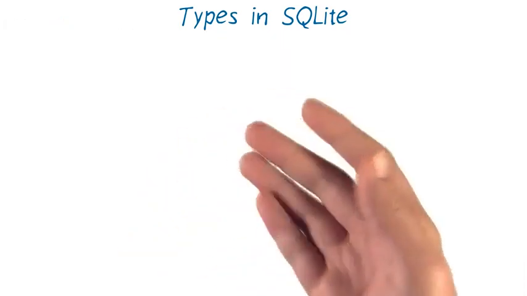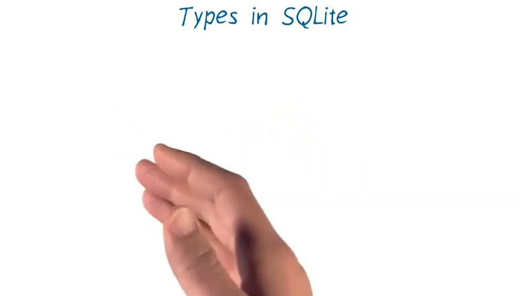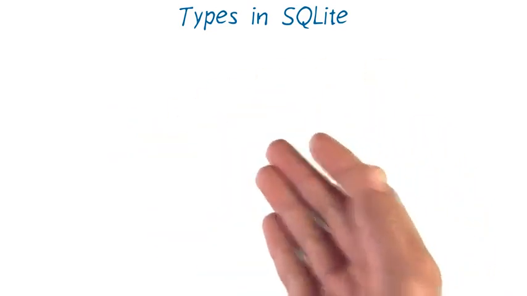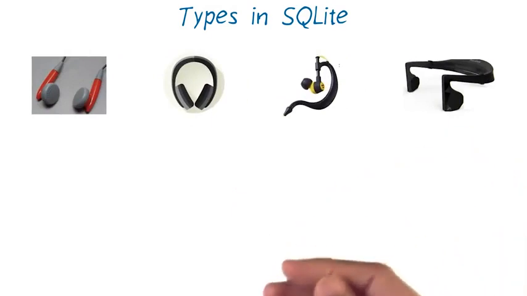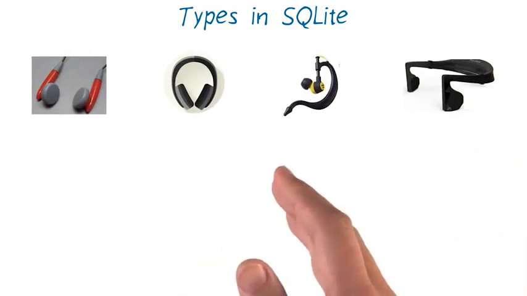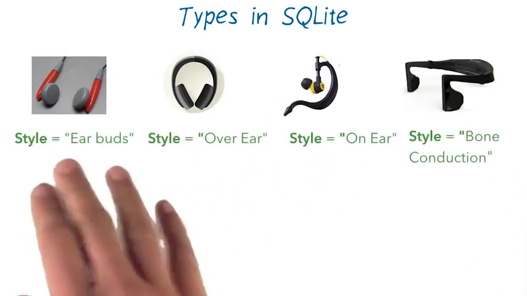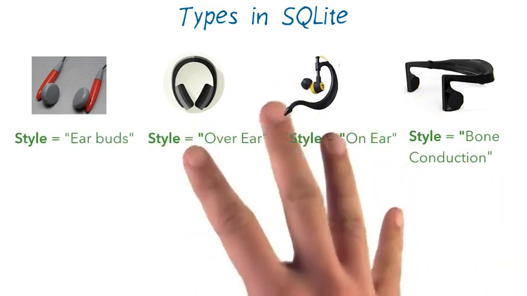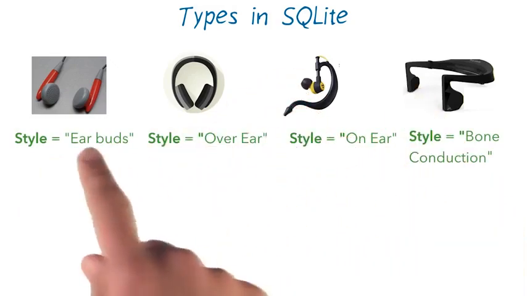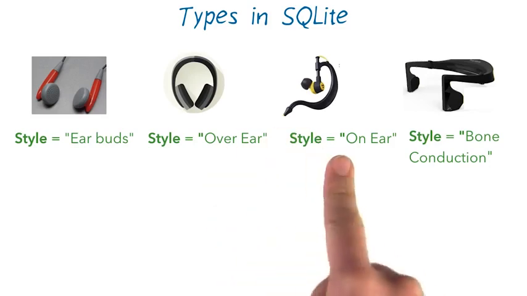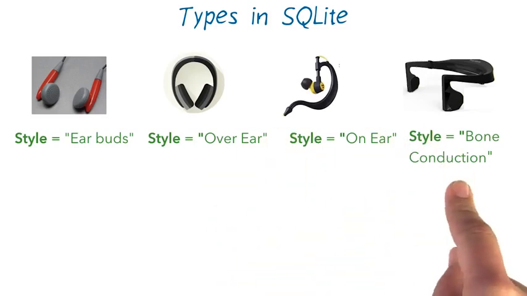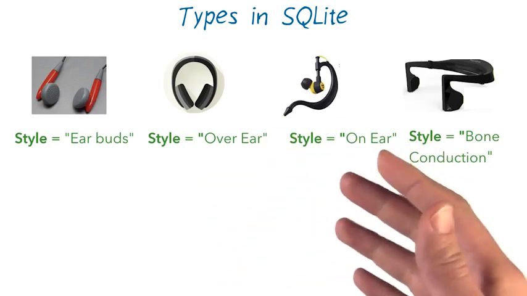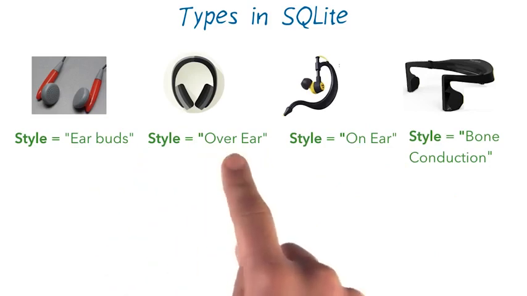So let's take a look at an example where we're associating integers with values, looking at our headphones example from before. Well, one of the attributes for headphones was styles. And let's say there are 4 different styles that the headphones could have. So it could be earbuds, over-ear, on-ear, or bone conduction. And one way we could have stored all these values is by storing them as text.